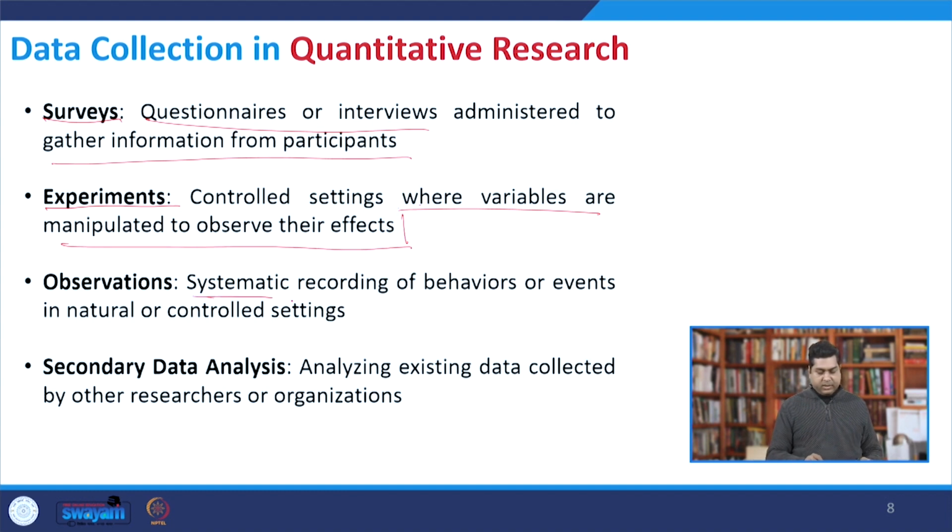Observation is systematic recording of behavior or events in natural or control settings. Even if you set up a control environment and observe through some sort of camera, or just through your eyes, or in a natural environment, you try to understand the trajectory of vehicle movement at a particular crossing.